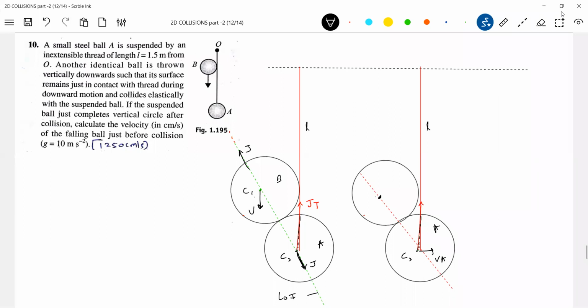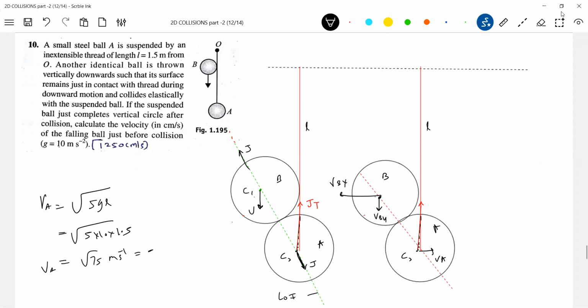The other ball will have some velocity, say VBY, VBX. Applying conservation of linear momentum. So what is VA? We are very sure, no? VA should be equal to root of 5gL. We know the length of the rope, so this will be 1.5. Root 75 meters per second, or 5 root 3.